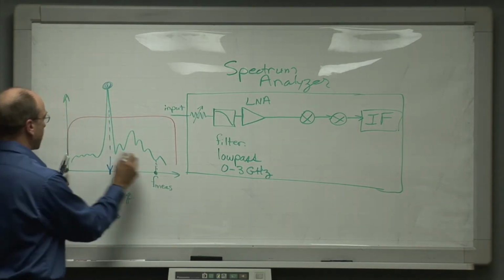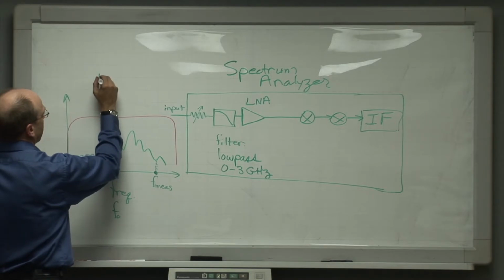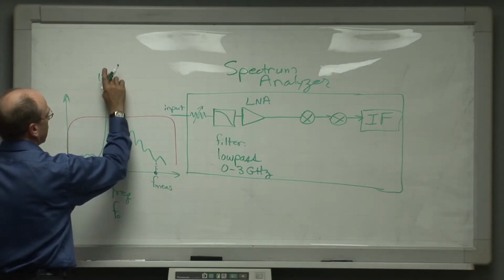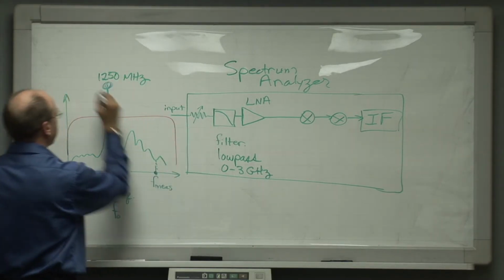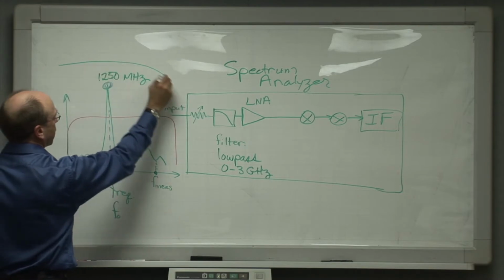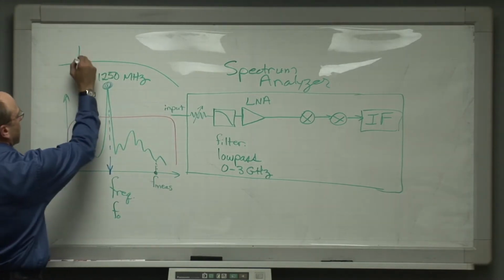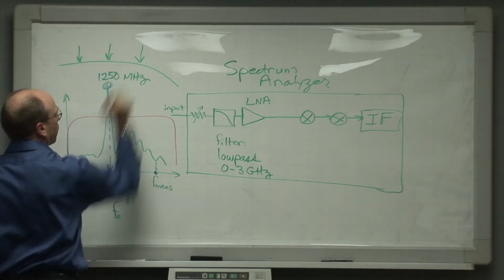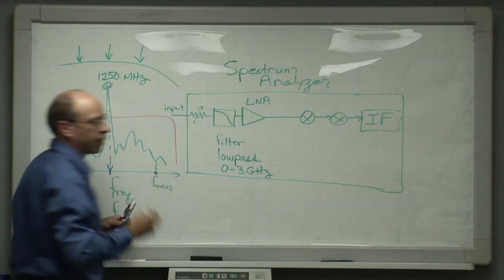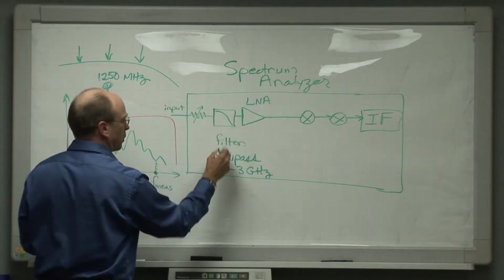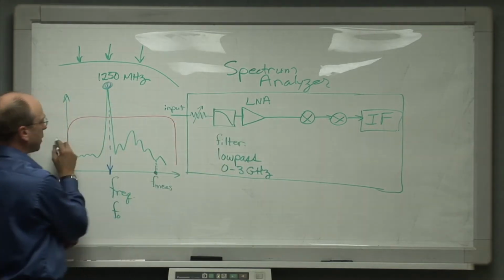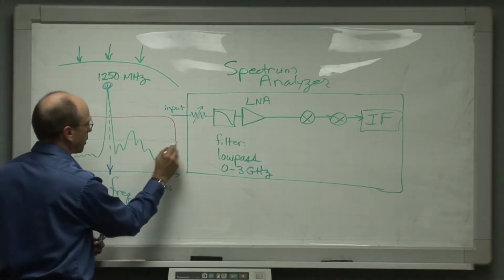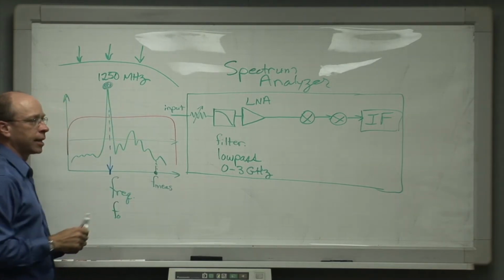So the problem here is that if this radar were, for the sake of argument, let's say operating at 1250 megahertz, that filter at the front end would have a passband characteristic that looks like that. It's actually passing energy all the way across there, and so having that low noise amplifier in there after that low pass means that that LNA is still going to be overloaded by all this energy all the way across, including this fundamental energy right here.